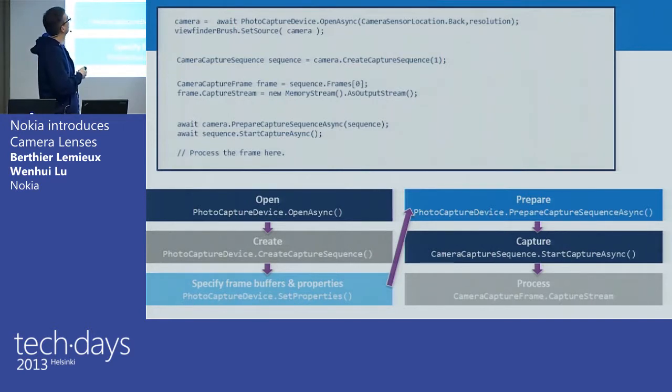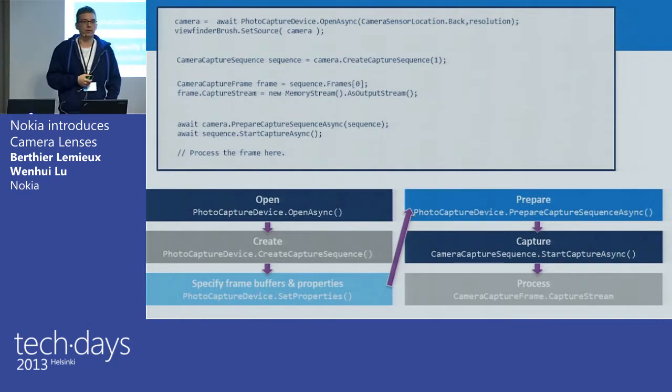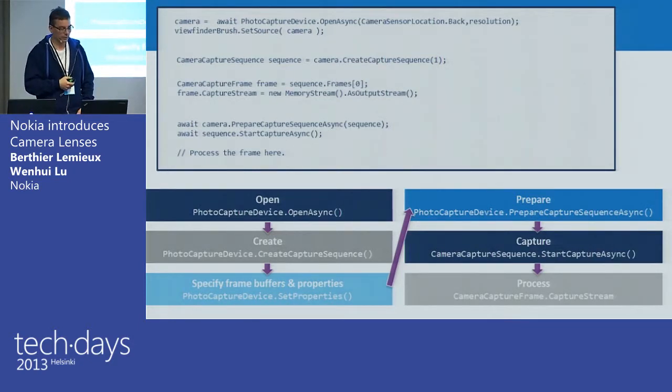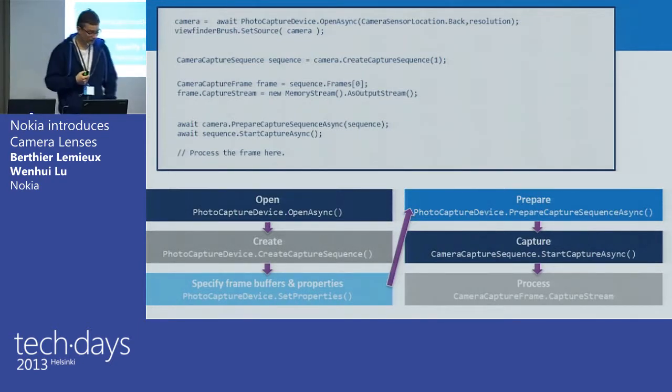So normally you will prepare your stuff and wait for the user to press one button. That's going to start the capture. And you're going to get back in your buffer, the memory stream buffer, the image that you requested. That image is a JPEG.